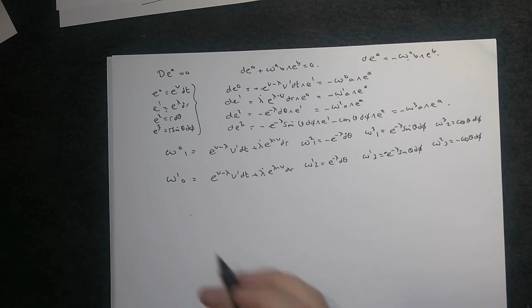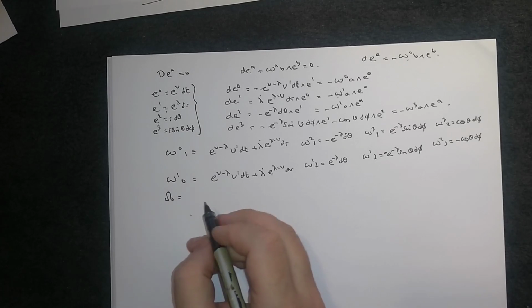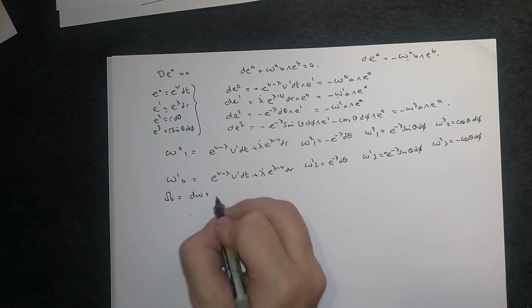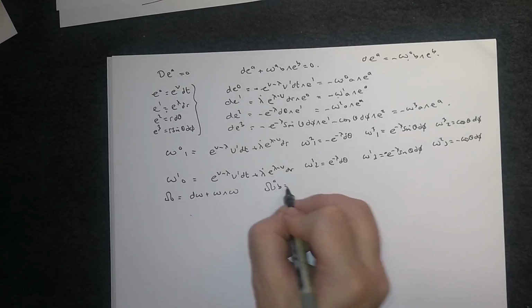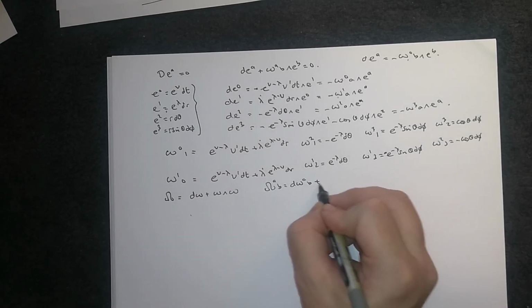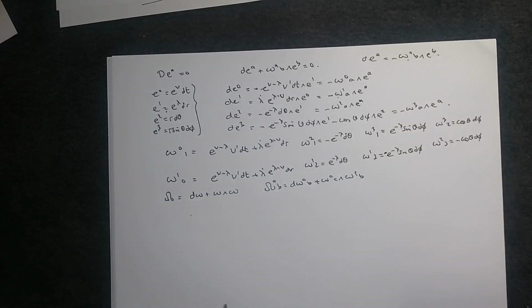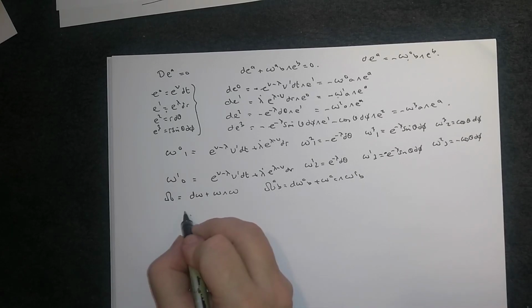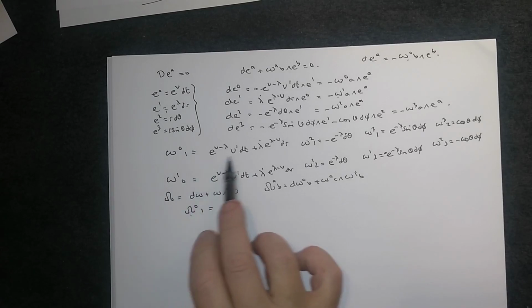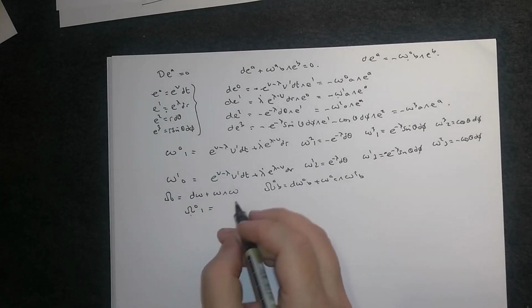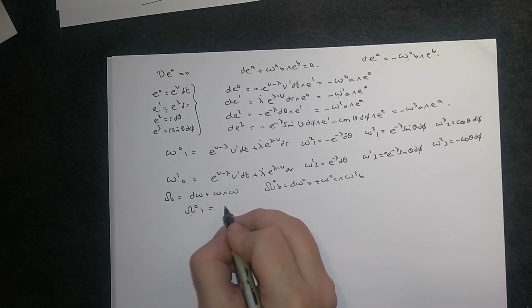Now compute the curvature 2-form. Omega is d omega plus omega wedge omega. So omega AB is d omega AB plus omega AC wedge omega CB. Omega 0,1: d of this thing. So I'm just going to need the time derivatives there.